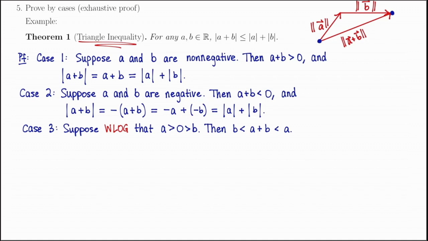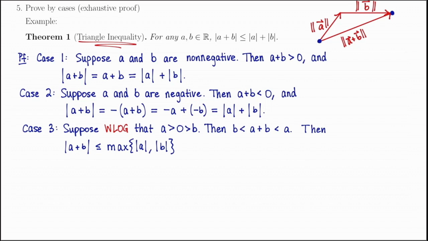At this point, I don't actually know if a plus b is positive or negative, but here's what we can say. The absolute value of a plus b will be less than or equal to at least one of those two individual absolute values. I'll sketch a picture in a second, but we'll say that it's less than or equal to the maximum of either the absolute value of a or the absolute value of b.